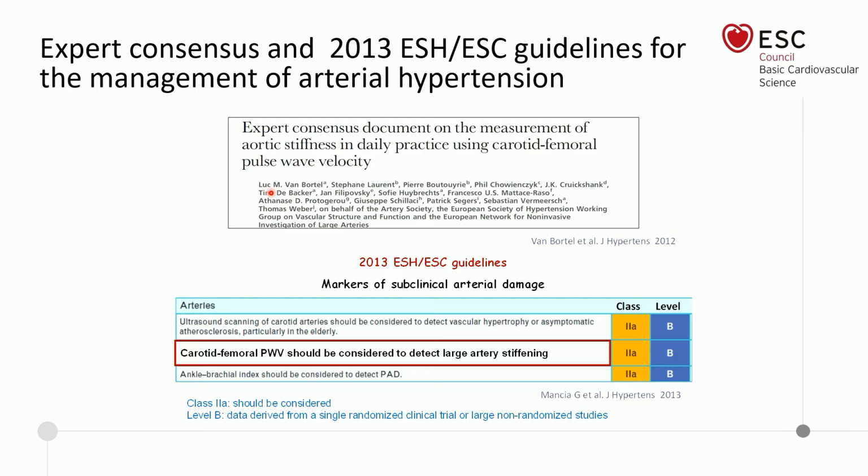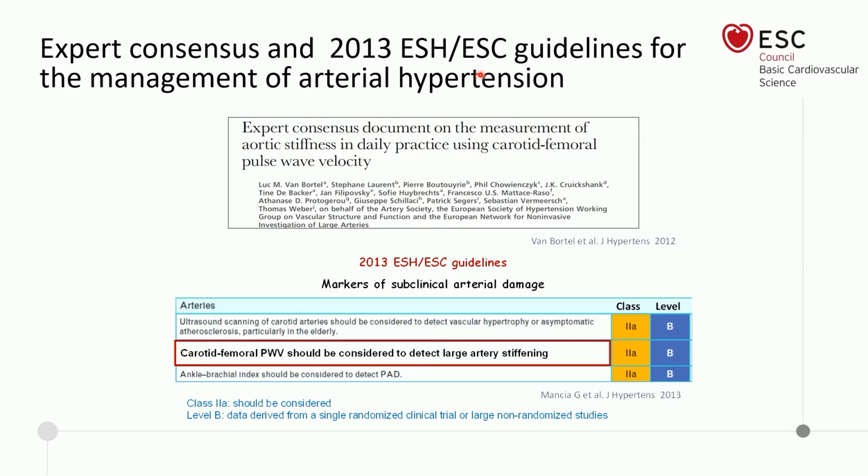3 slides to show very rapidly that there are many guidelines and recommendations coming from the European Society of Hypertension and the European Society of Cardiology for the management of arterial hypertension and the management of arterial stiffness.